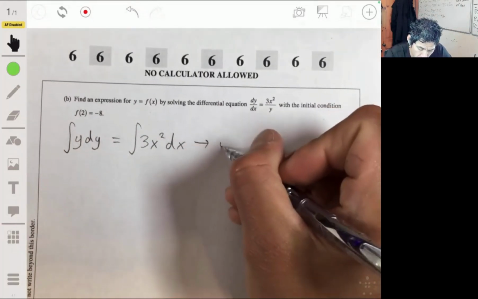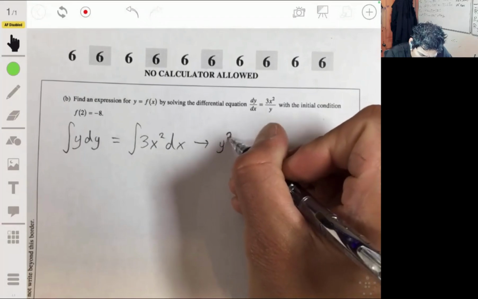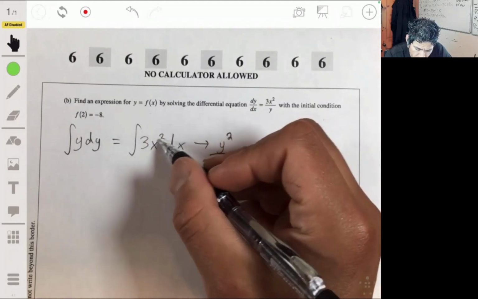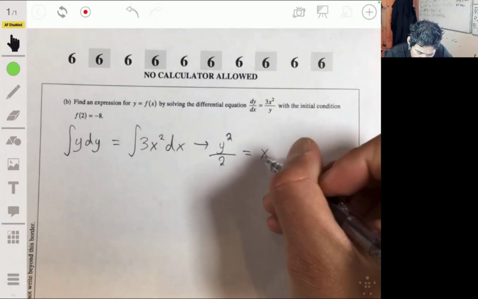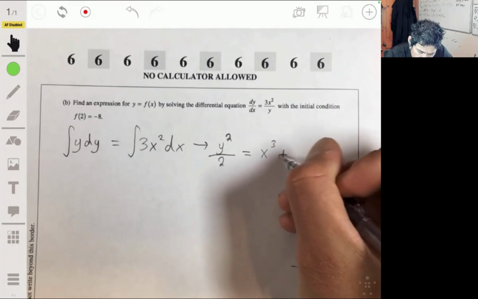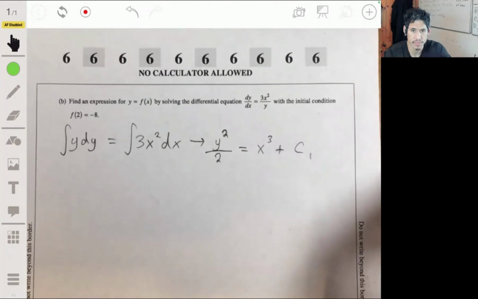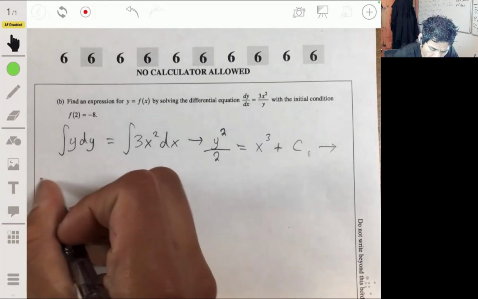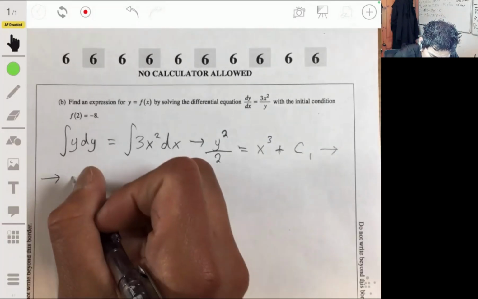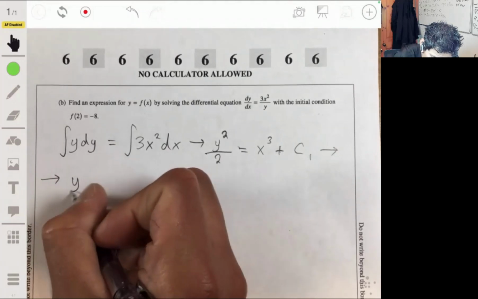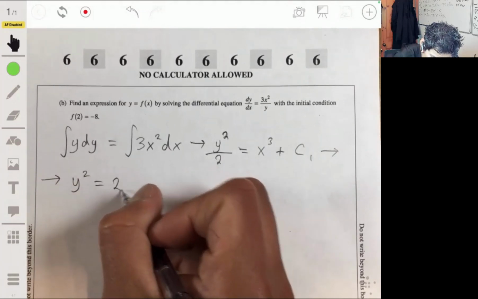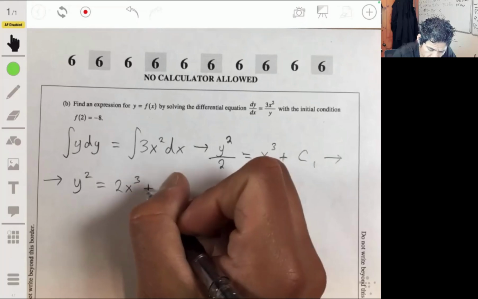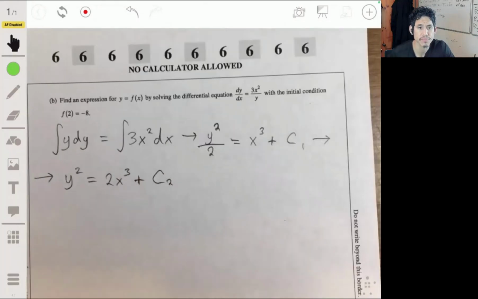That'll just be y squared over 2 equals 3x cubed over 3. Those 3's cancel, so we just get x cubed plus c, or let's call it c1. Let's solve for the y. Multiply everything by 2. We'll get y squared equals 2x cubed plus 2 times c1, which will just make it a different constant, so we'll just call it c2.